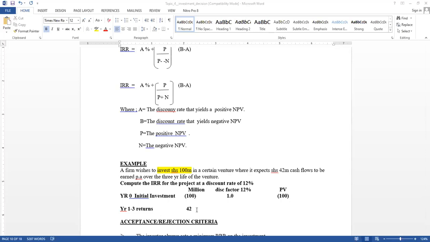Who can get the discount factor here, 12% 3-year annuity?